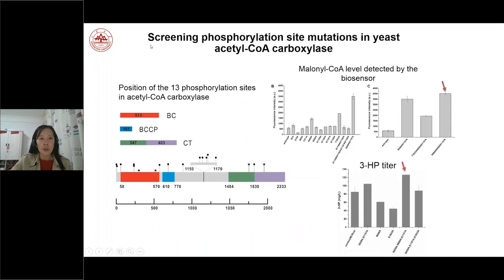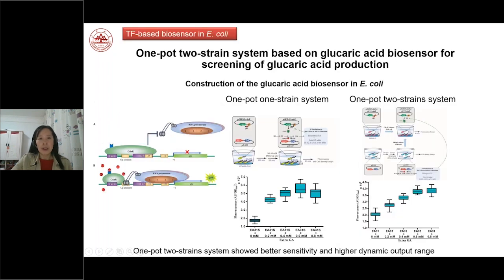Here we screened the phosphorylation mutations of yeast ACC1 and obtained a mutant which can give a better titer of the melancholy downstream product. We have developed the biosensor successfully using the FEP-O, FEP-R system.